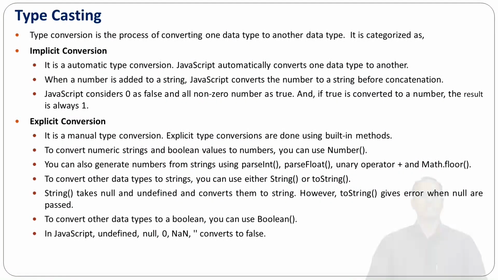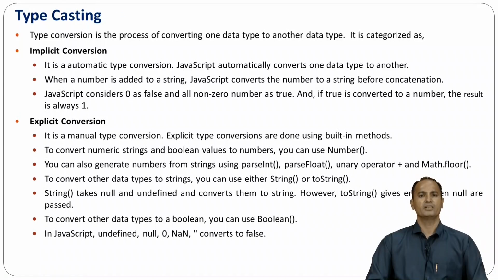Explicit conversion is a manual type conversion. Explicit type conversions are done using built-in methods. To convert numeric string and Boolean values to numbers, you can use Number. You can also generate numbers from strings using parseInt, parseFloat, the unary plus operator, and Math.floor functions.